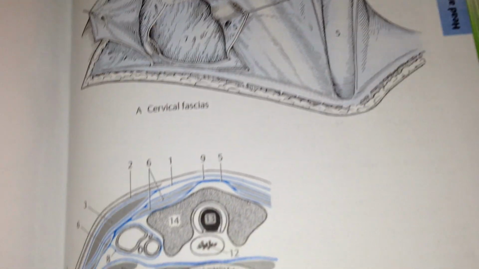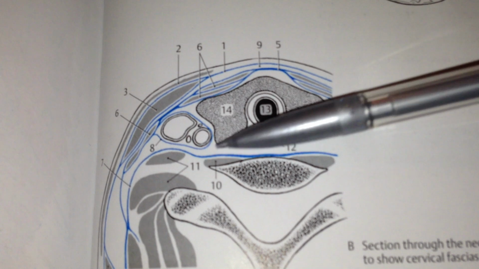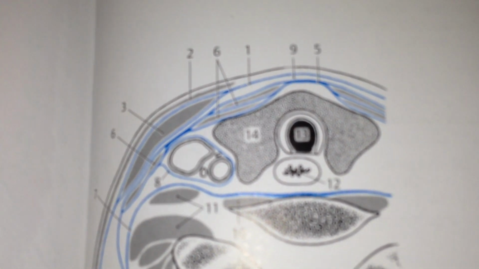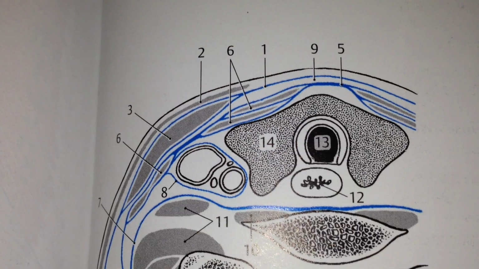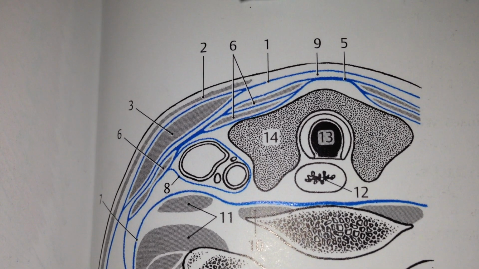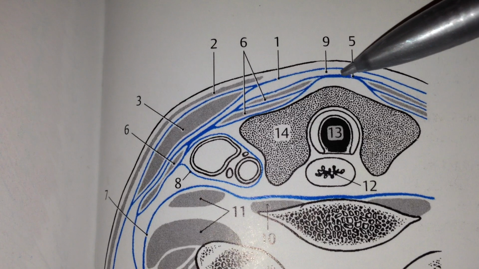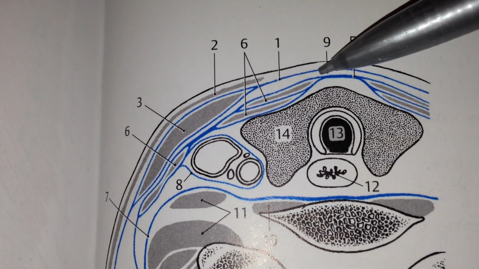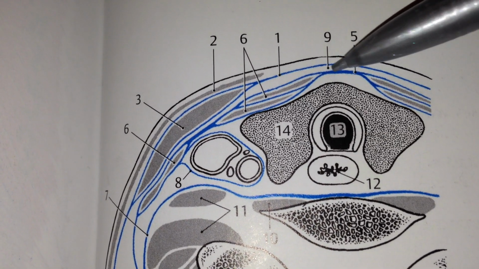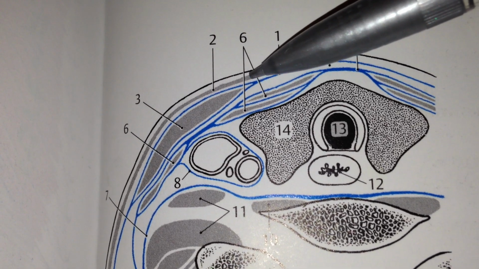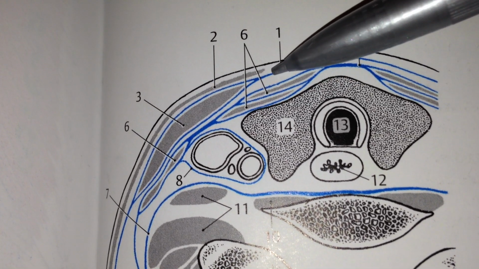Now, if you look at the diagram below, it will show you the structures. If you look at one, that's going to be your superficial cervical fascia, or your investing cervical fascia. That's going to exclude your platysma because of the reason I told before.